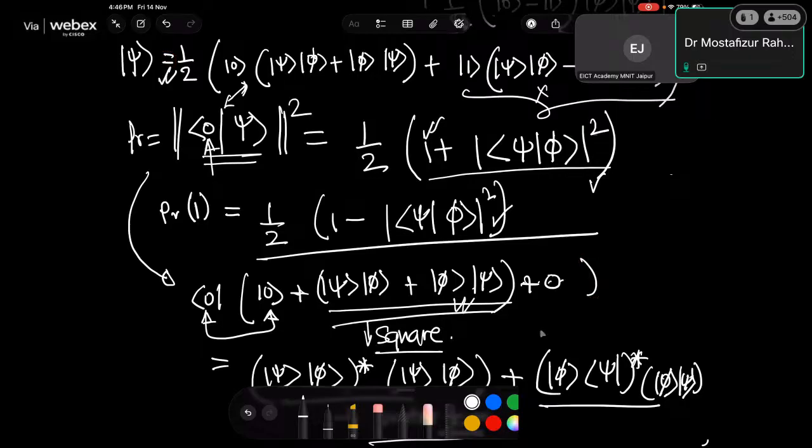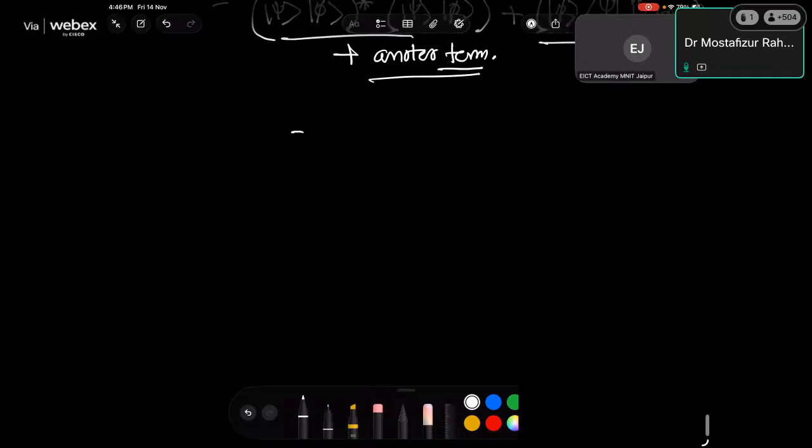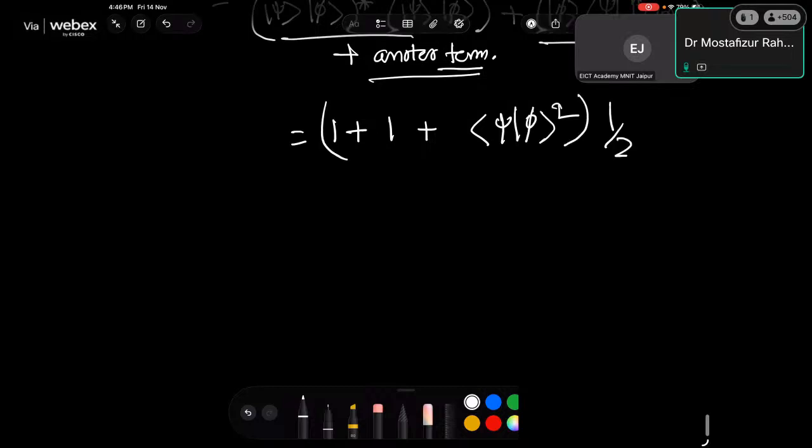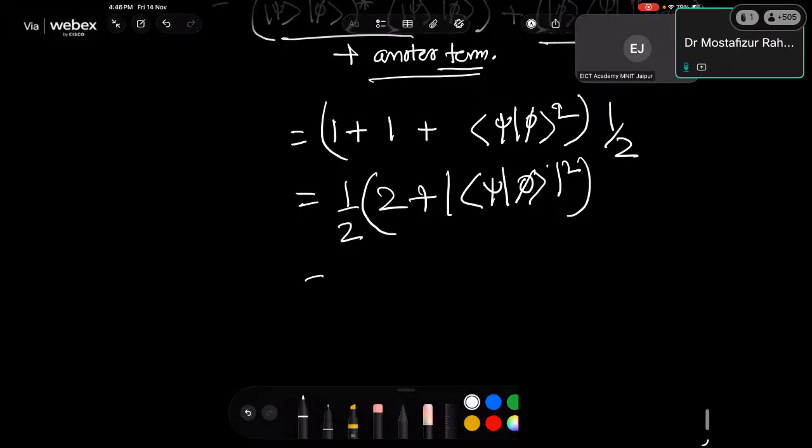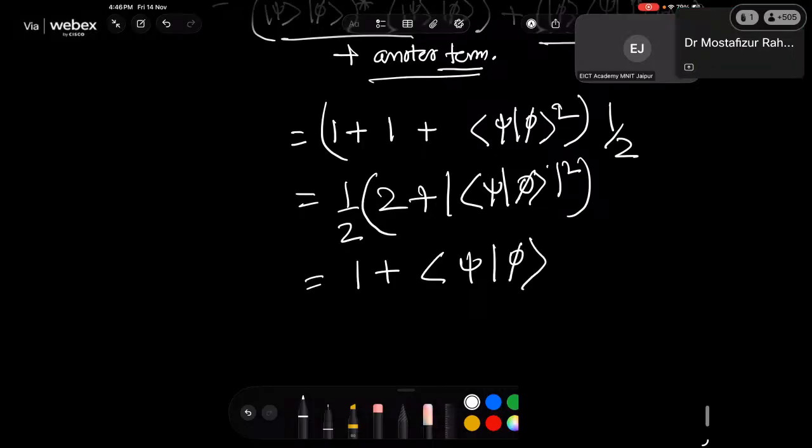So if you break this equation, it will come as 1 plus 1 plus phi and psi square, and outside there is another half. So 1 plus 1 becomes 2, phi and psi square, divided by half, so it becomes 1 plus this thing.